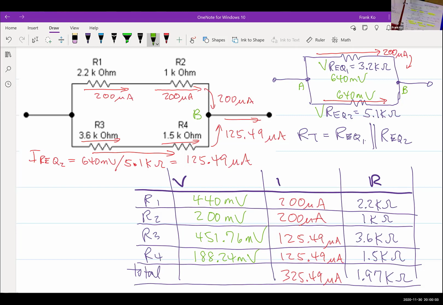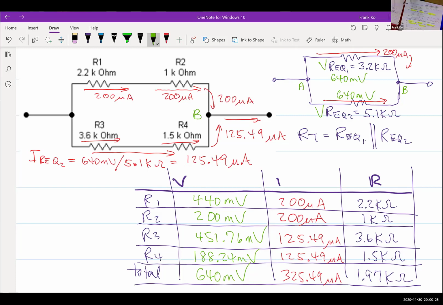Yeah, if we add up the first two, simply 640 millivolts. Okay. Any questions on that? So far, so good? All right, I think that was probably the more challenging one on that page.